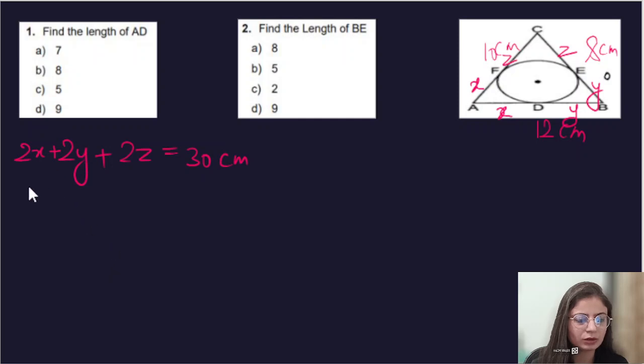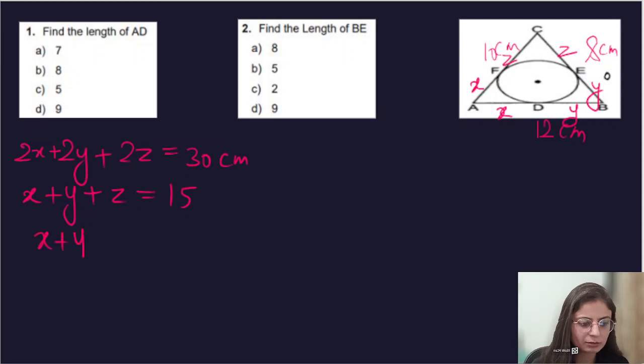Now how will we solve this? So this will be X plus Y plus Z equals 15. Instead of using this, we can have X plus Y equals 12, and X plus Z equals 10, and Z plus Y equals 8.